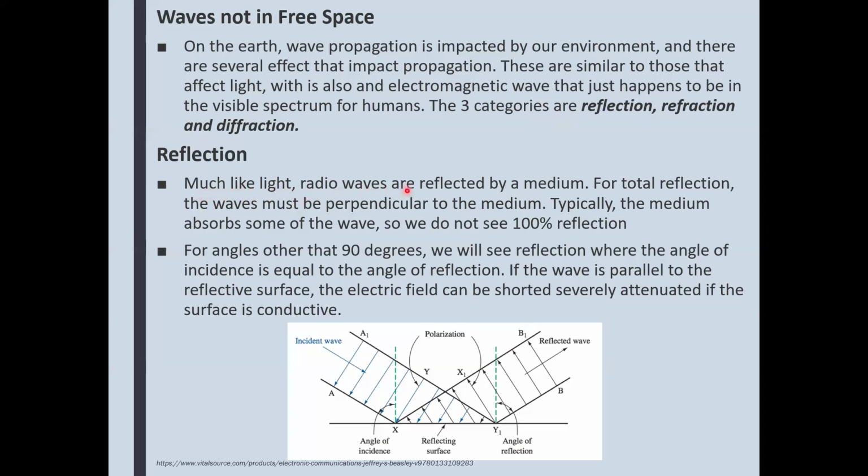Much like light, radio waves are reflected by a medium. Reflected. Here is an incident wave and here's a reflected wave. It hits a surface, a reflecting surface, and if it hits at a high enough angle, and if it doesn't have the oomph, the power to penetrate, especially at that angle, it's going to bounce off.